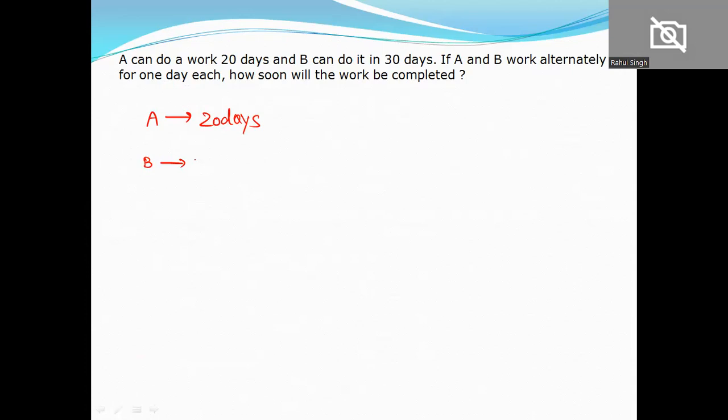B can do the same job in 30 days. Now imagine they are doing 60 units of work individually in 20 days and 30 days. So A is capable of doing 3 units of work in one day. B is capable of doing 2 units of work in one day.